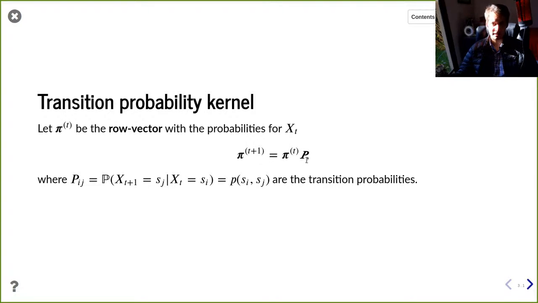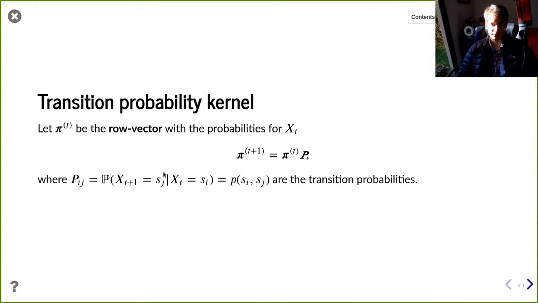That's why this is applied in Markov chains. And the transition probability kernel is this matrix P. Each element of the matrix P is defined as transitioning to the state S sub j from the state S sub i.